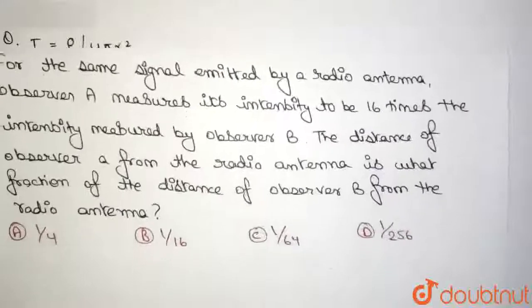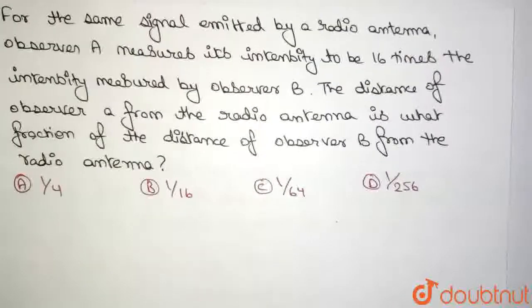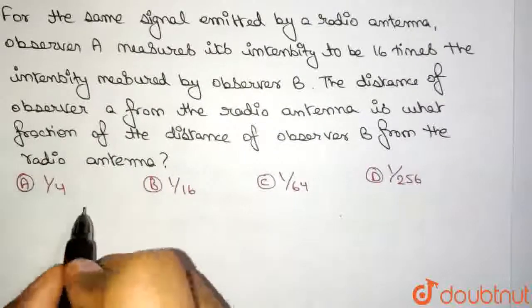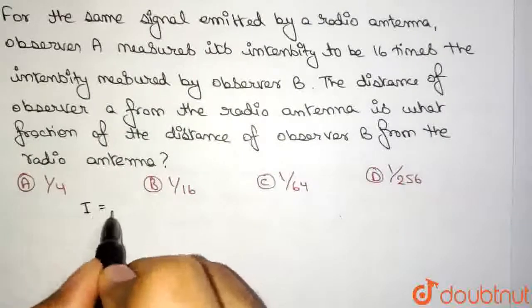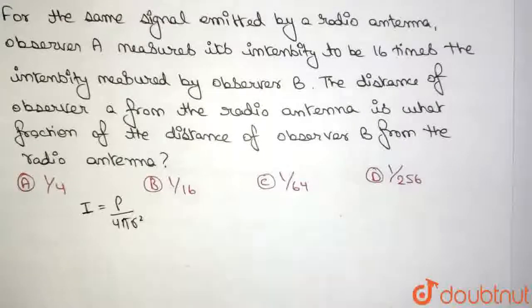So let us solve this particular question. So we had I is equal to P upon 4 pi r square, right?